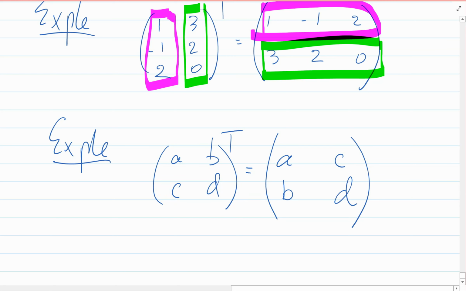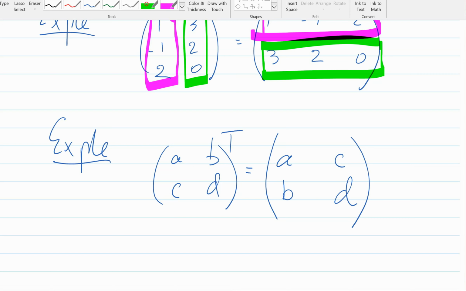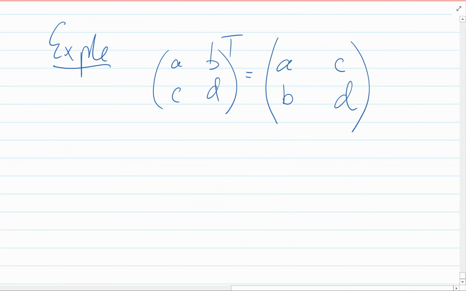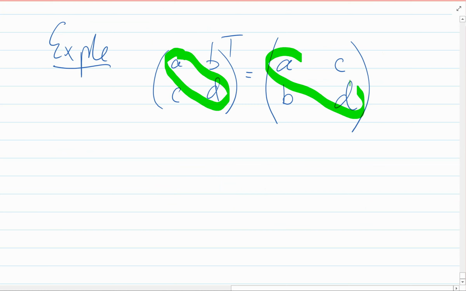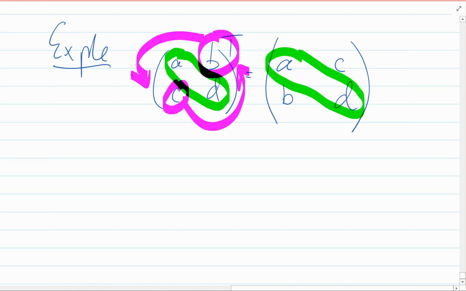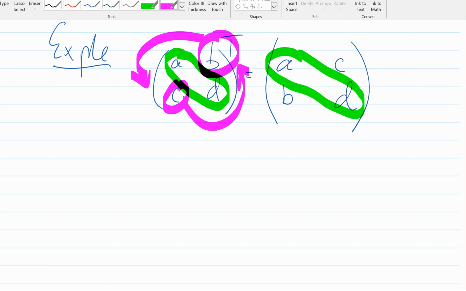So basically, the main diagonal stays the same, and B went to where C was and C went to where B was. So what we did is just a reflection about the main diagonal.